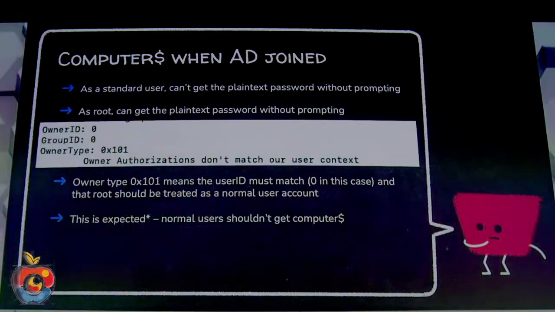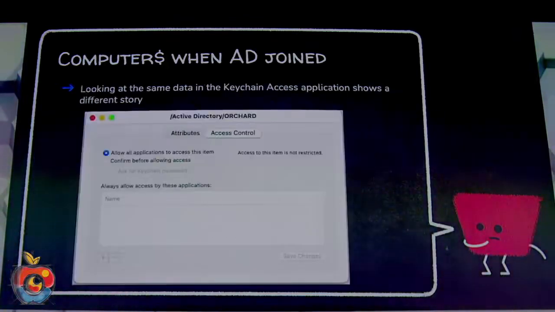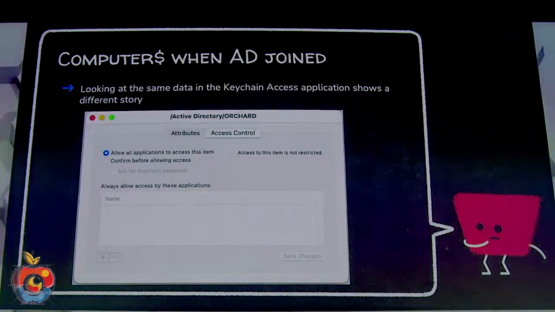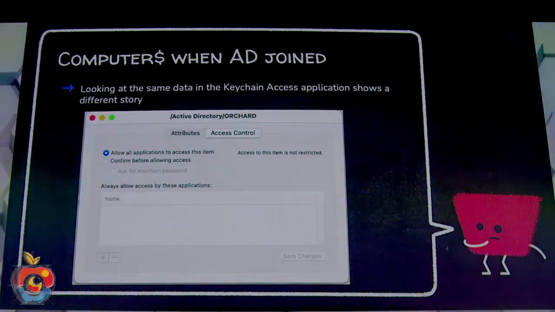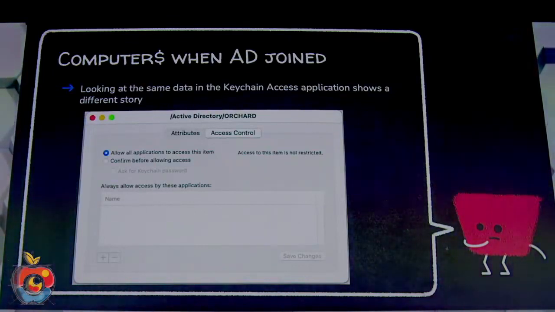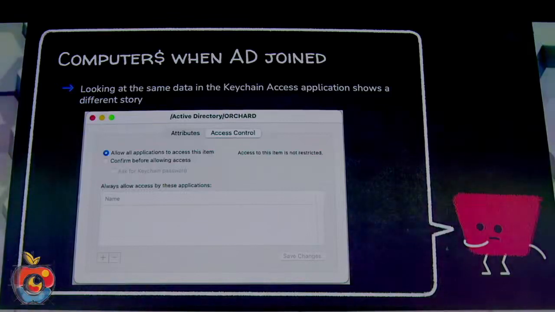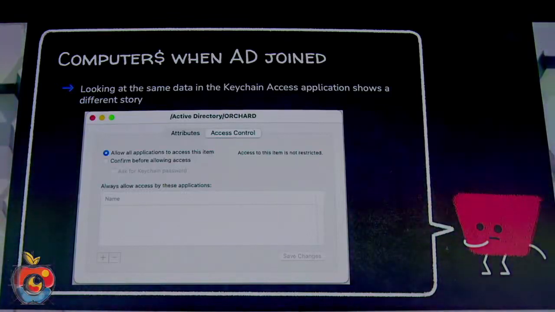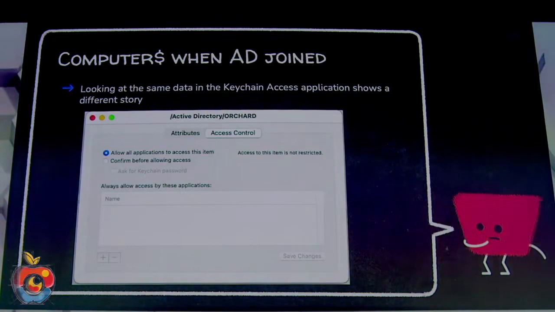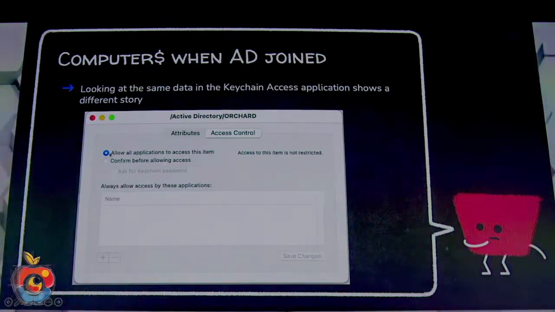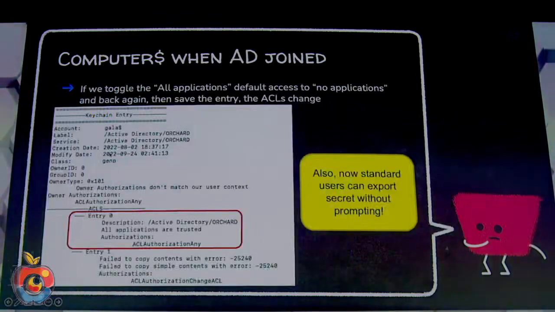The other thing that's kind of weird is if you look at this in Keychain Access, and you look at the access control that's technically associated with it, so while I can't pull it out, Keychain Access can, it says all applications are allowed to view this data. Well, that's kind of weird. Even though this says all applications, if you then click down to confirm access and then click back up and hit save, everything changes.